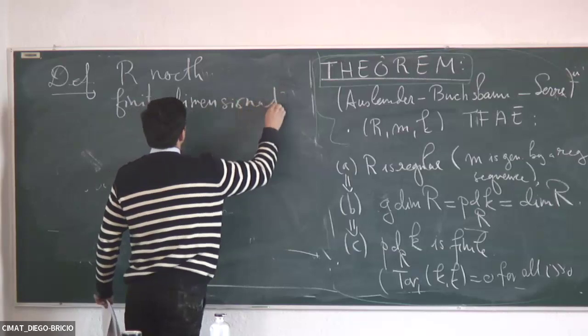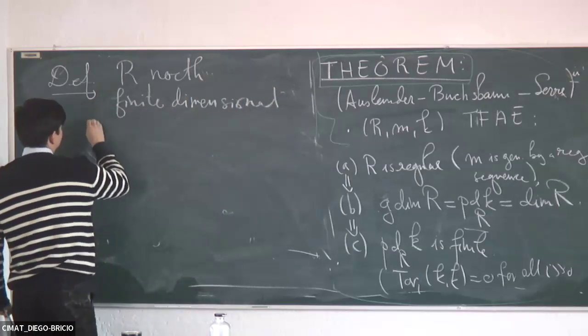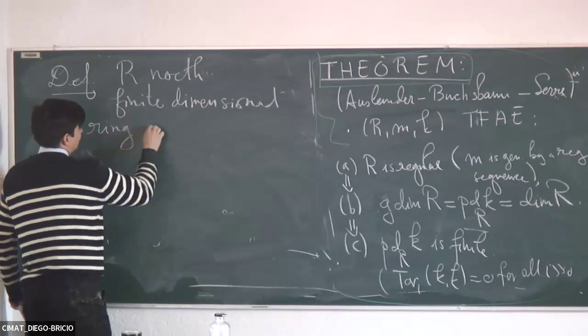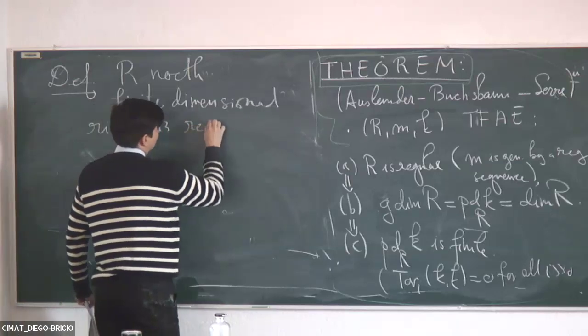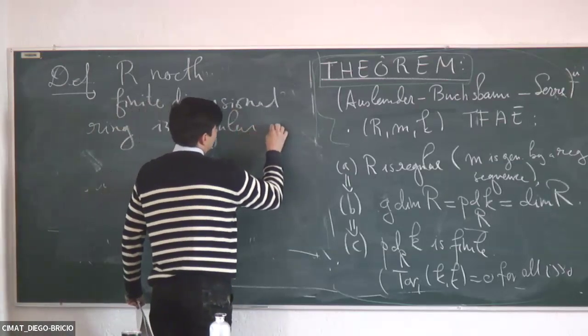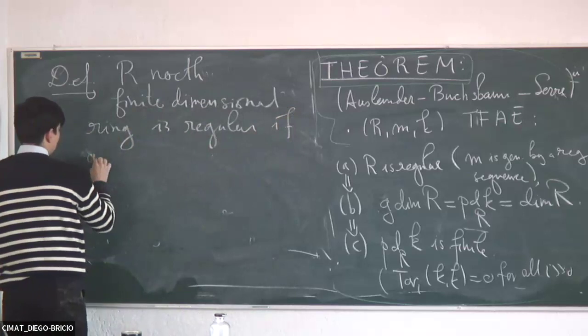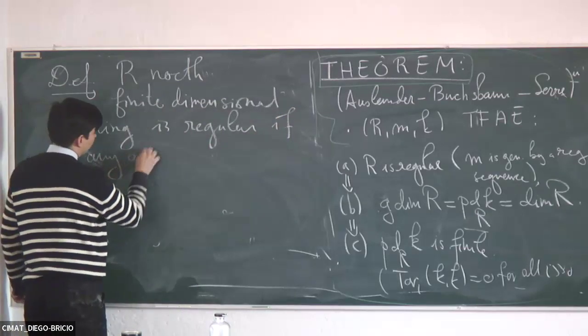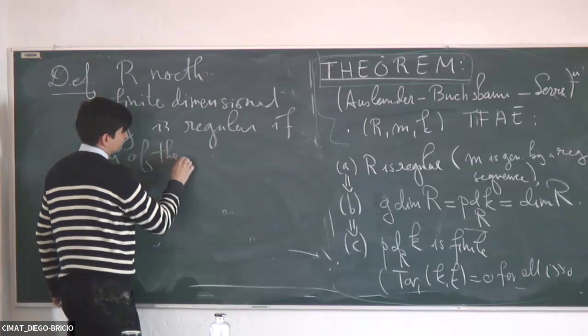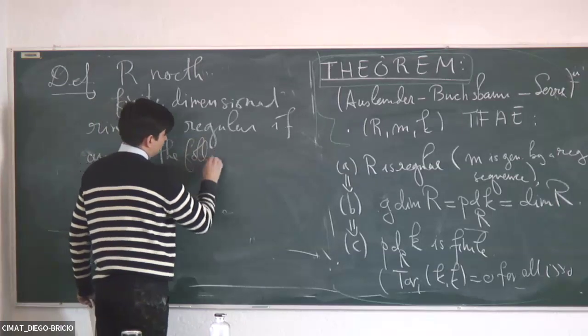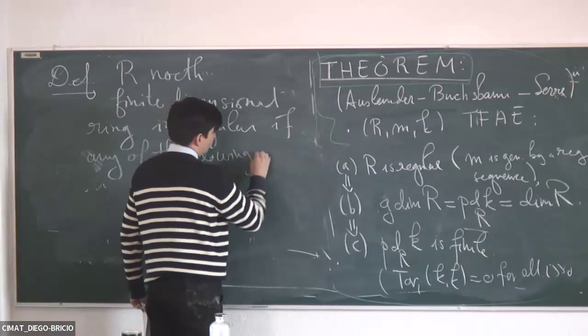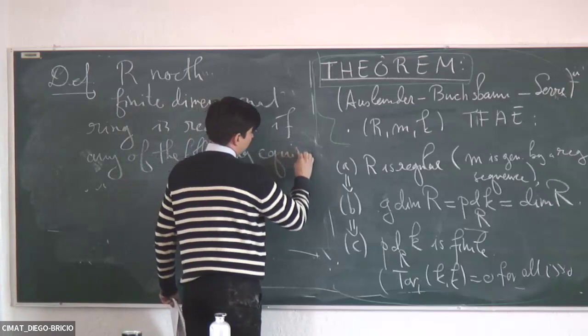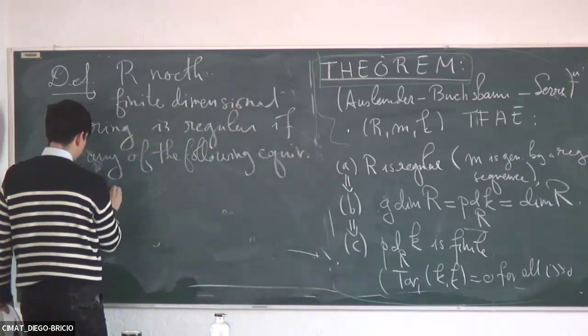So I'm going to take a Noetherian finite dimensional ring. It is regular if any, and therefore all, of the following equivalent conditions hold.